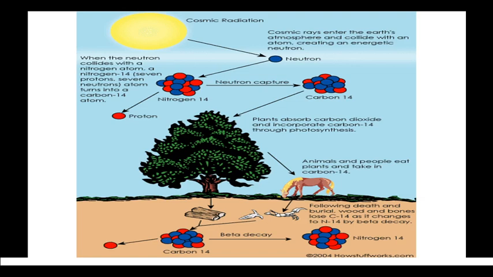This neutron collides with the nitrogen atom, that is nitrogen 14, and it turns into carbon 14. So the neutron produced from the cosmic radiation collides with nitrogen 14, producing a carbon 14 and a proton.